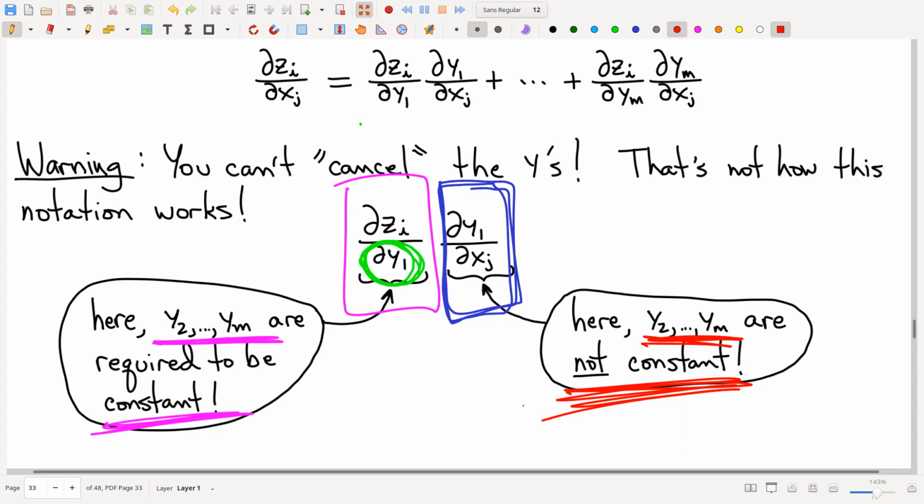Saying that this partial y1 here and this partial y1 here are the same would be kind of analogous to saying, oh, I watched this movie one time and one of the characters was named Steve. But then 10 years ago, I watched this other movie, and it had a character named Steve, so I guess they're the same person. It doesn't make any sense, right? Same name, okay, sure. But they're part of different scenarios, different stories. They have nothing to do with each other.